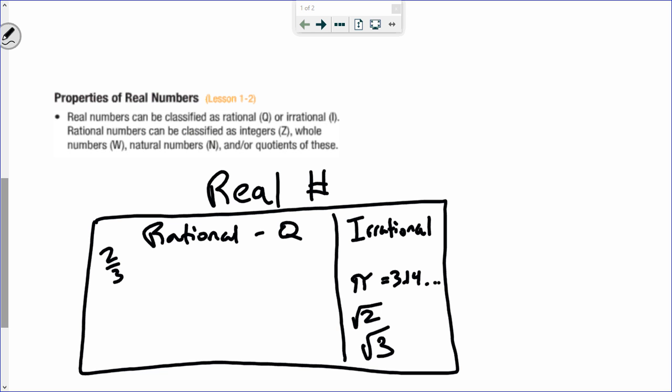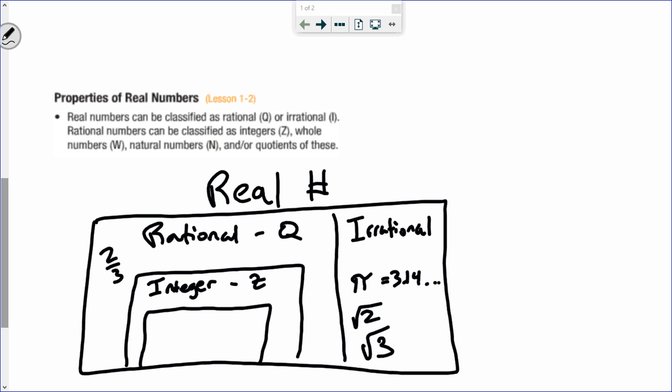Inside of rational numbers, then we had the integers. The best way I described those was just numbers you'd find on a number line, the positives and the negatives. Integers were denoted with the Z. Inside of integers, we had whole numbers, which were positive numbers, including 0.